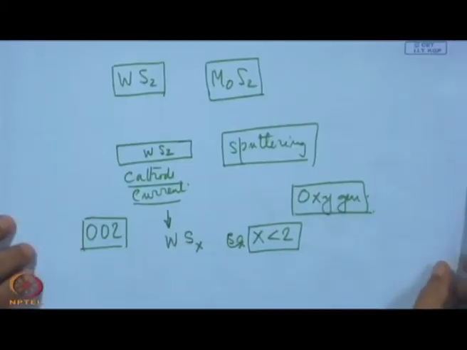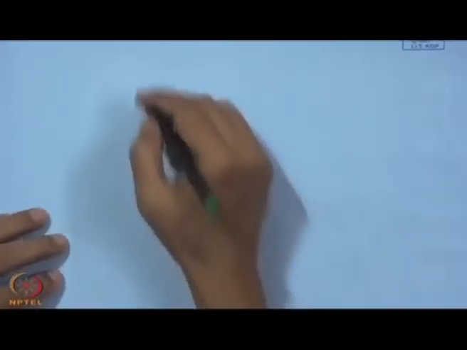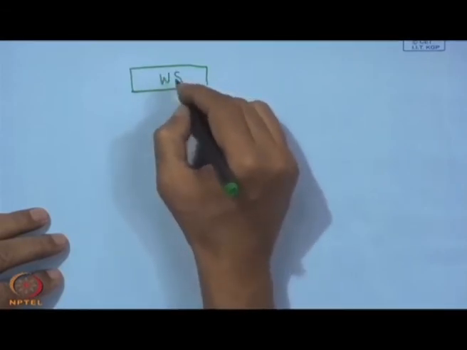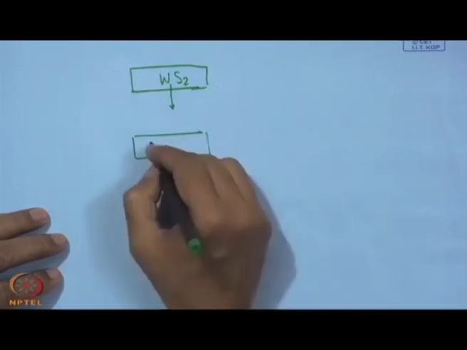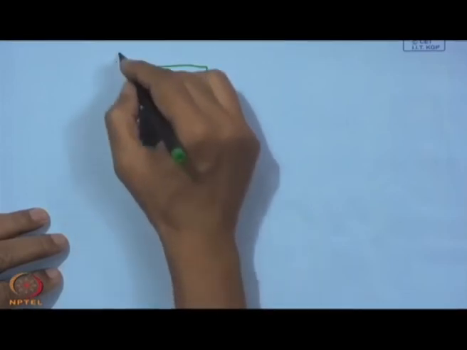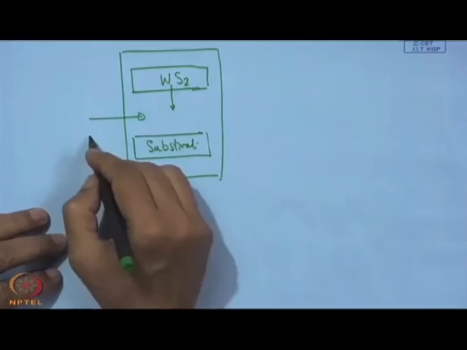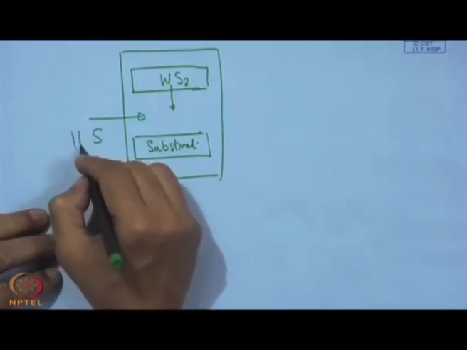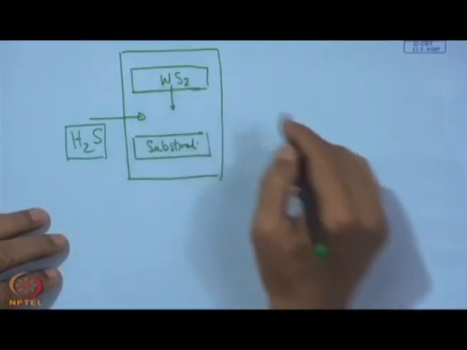So, the idea here is to have this WS2 where we have some deficiency in sulfur, and to admit sulfur, in the form of H2S, to make up this deficiency.